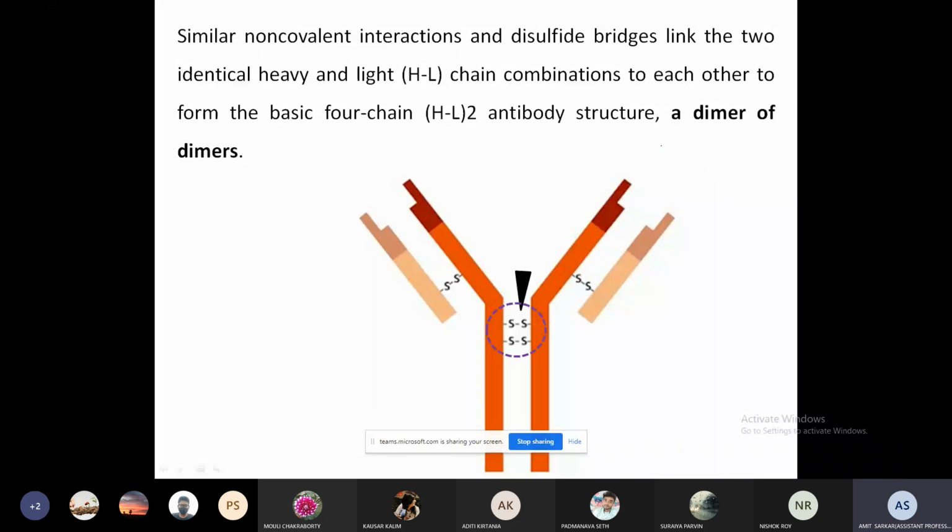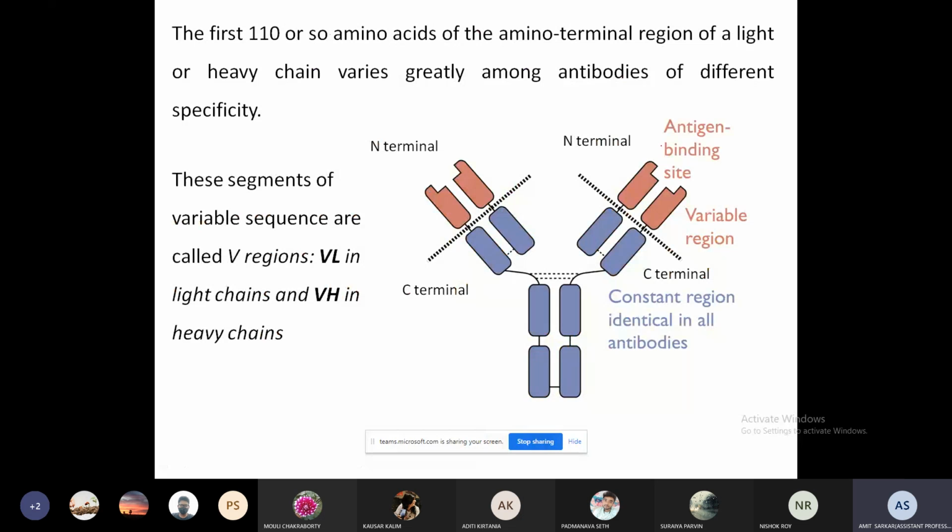That is a very basic thing about the structure. Now, if we go a little deeper, about 110 amino acids of the amino terminal region of a light or heavy chain vary greatly among antibodies of different specificity.